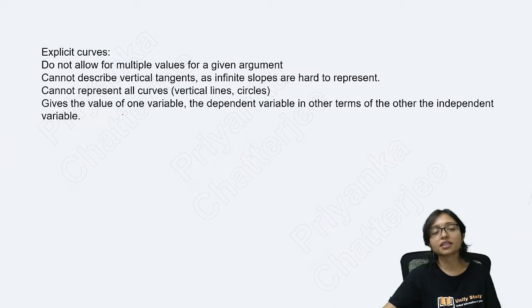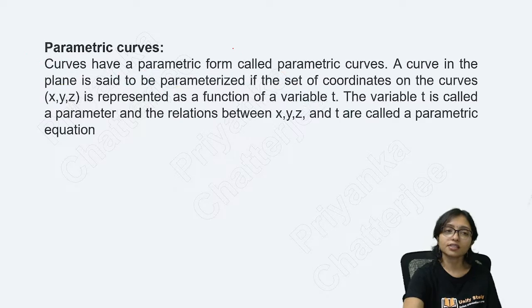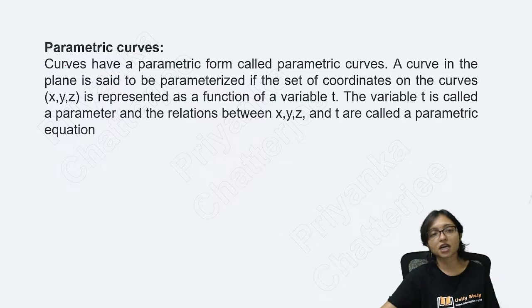So some extra things we need here. Explicit curve means it does not allow multiple values for the given argument and cannot describe a vertical tangent and infinite slope also. That's why we have to mention it explicitly. That is the reason it is called the explicit curve.